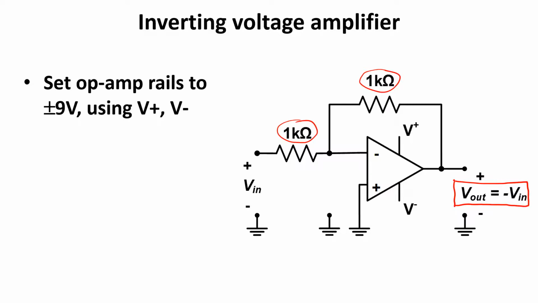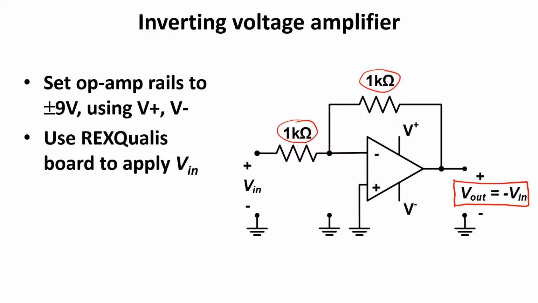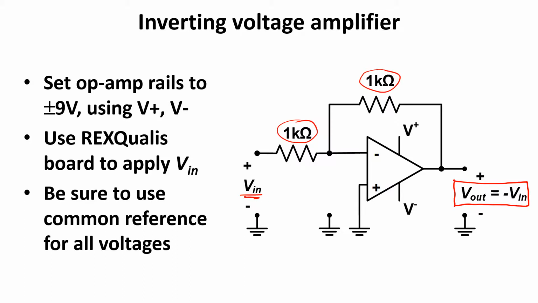We've already connected V plus and V minus to the positive and negative voltage supplies, so all that remains is to add the resistors to the circuit and apply an input voltage. We'll use the Rex Qualis power supplies to apply the input voltage, Vin, to the circuit. Also, I want to reiterate that all the voltages, V plus, V minus, Vin, and Vout, have to share the same reference.